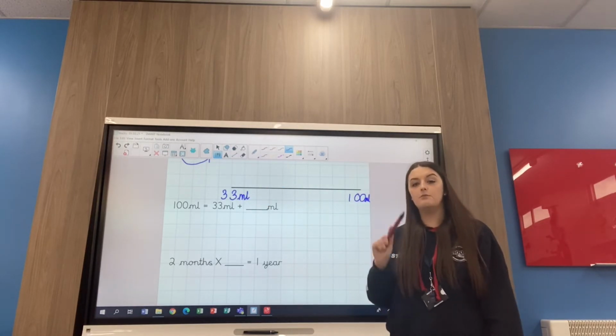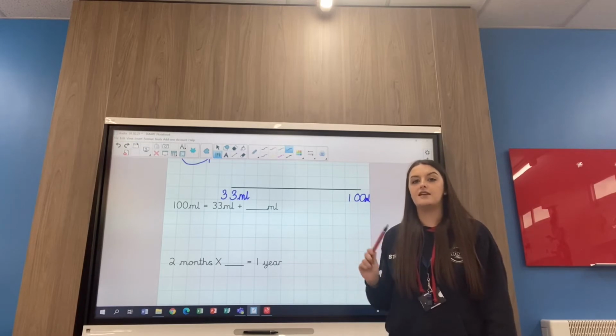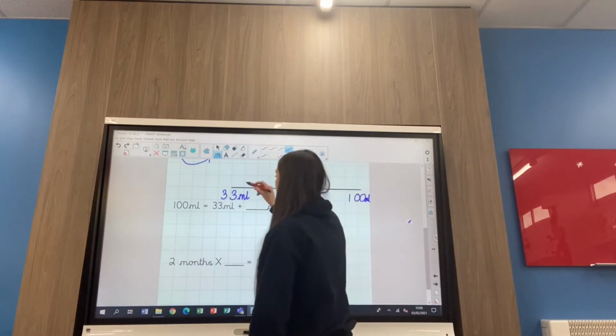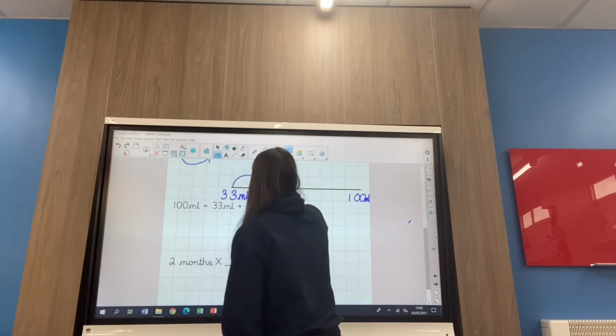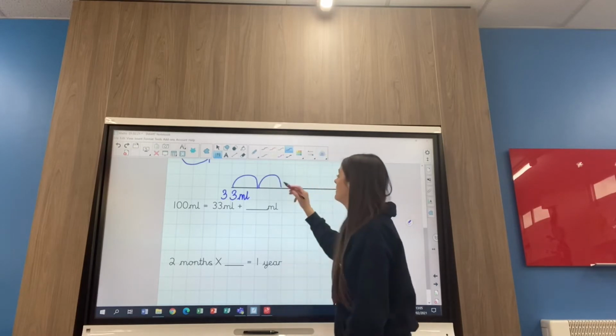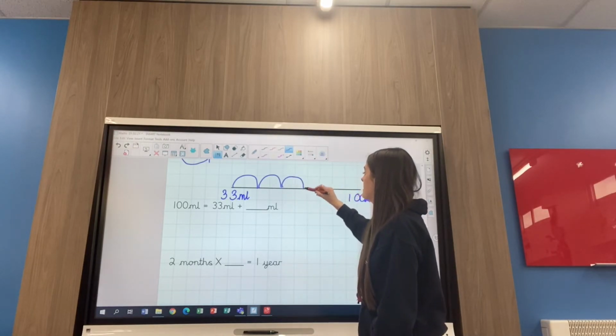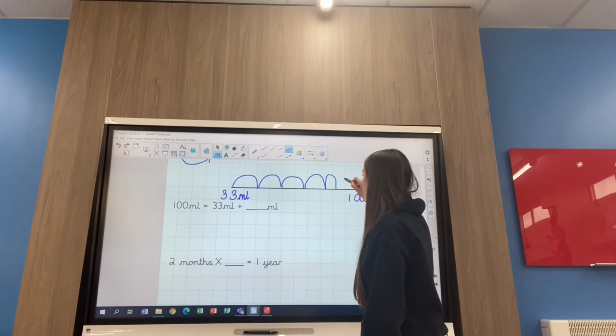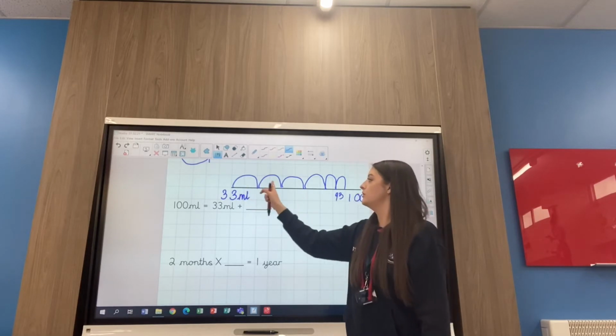So I'm going to keep jumping up in my tens and then see how close I can get. So can you count in your tens with me from 33? So 33, that will be 43, 53, 63, 73, 83, 93. So I've got to 93 there and I've jumped in tens.